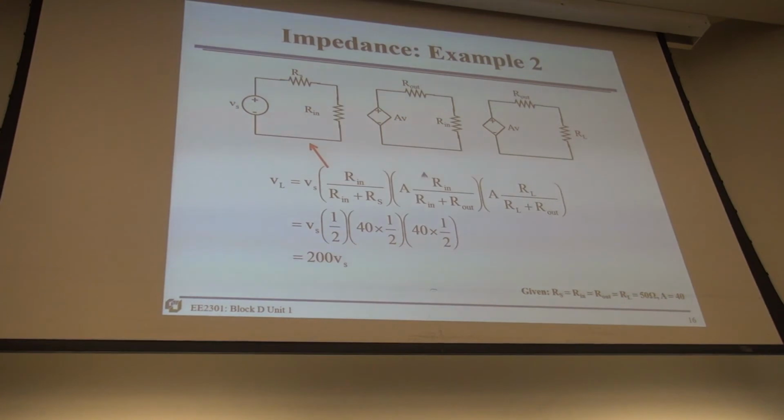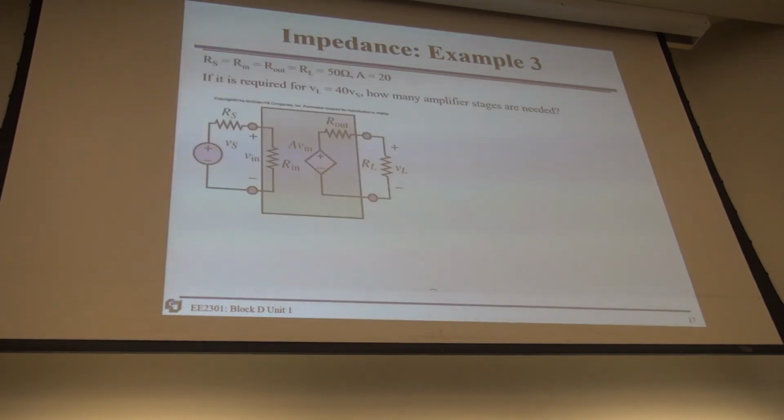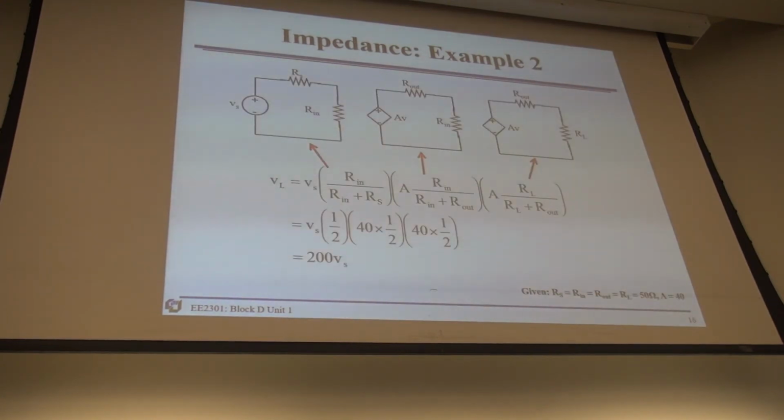That's for this, this is for this. Then the output was 200 V_S. 200 looks like a lot, but ideally 40 times 40 is 1600. You lost 8 times.